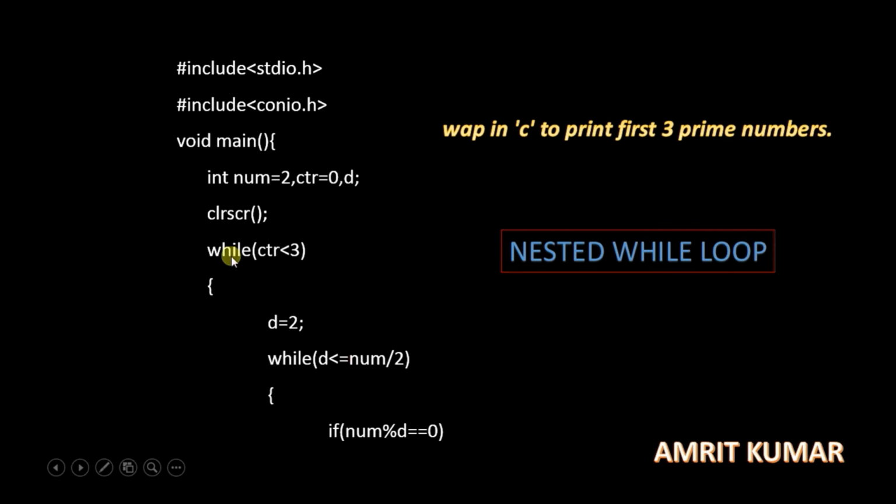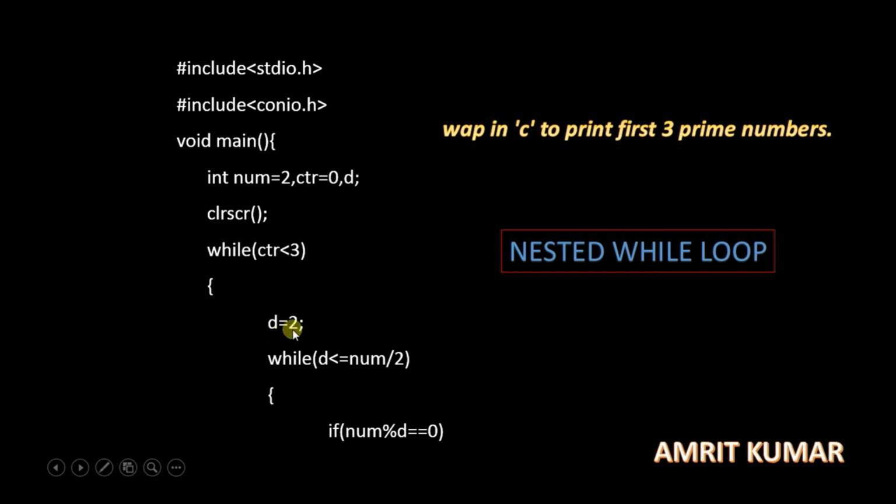So what is the condition? While ctr is less than 3. Is ctr less than 3? Yes, because ctr here is 0 and 0 is less than 3. Therefore this condition is true, so it will move inside.